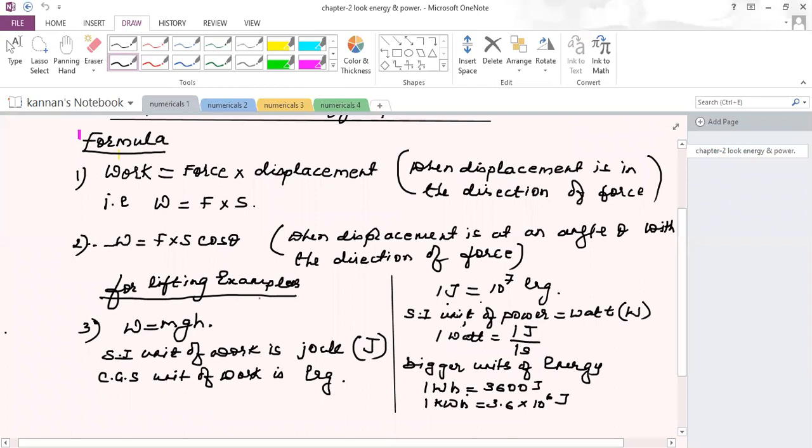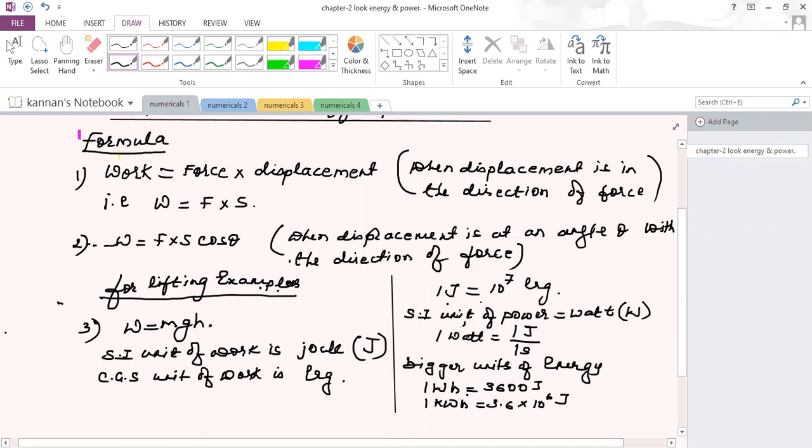W is equal to F into S cos theta. You should use this formula when displacement is at an angle theta with the direction of the force.